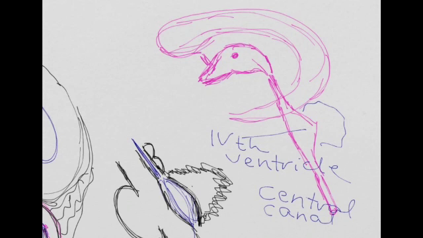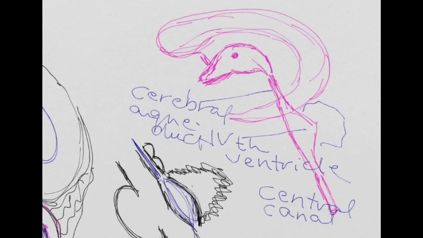Then it has this narrow cerebral aqueduct going through the midbrain, and then we have this strangely shaped ventricle which lies between the two thalami as well as the hypothalamus. So it's between the two hemispheres of the diencephalon, and this will be called the third ventricle.